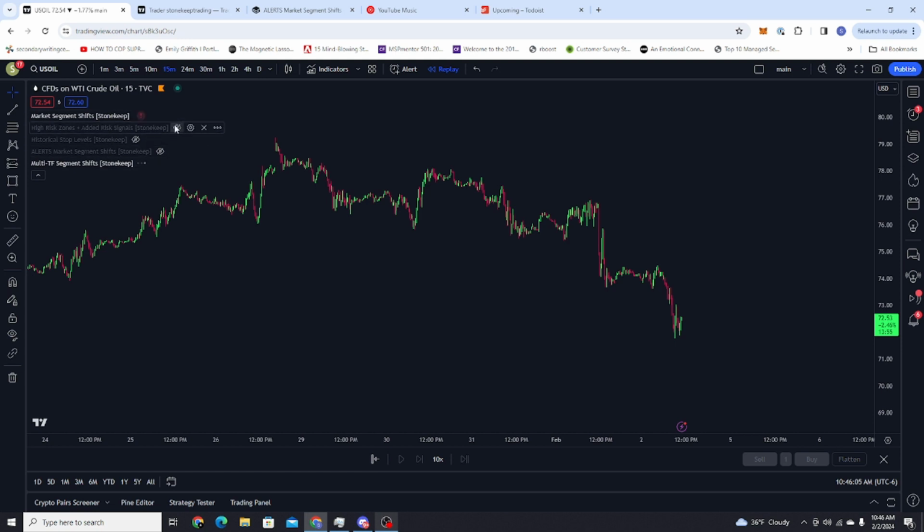But the historical stop levels themselves are a completely independent algorithm, using completely different source code.